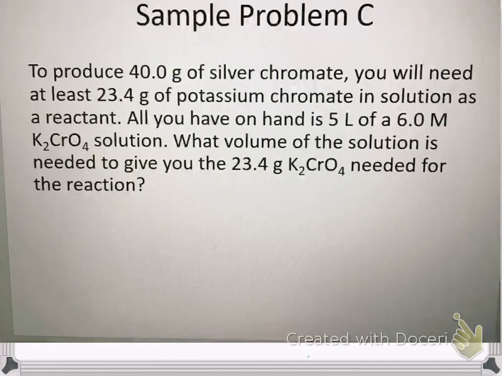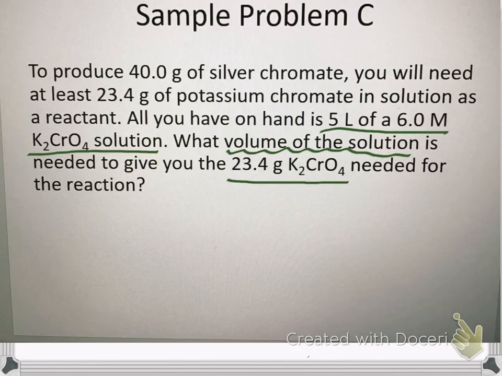All you have on hand is 5 liters of a 6 molar potassium chromate solution. What volume of the solution is needed to give you the 23.4 grams of potassium chromate needed for the reaction? Okay, so they're just telling you that you're going to work this reaction.